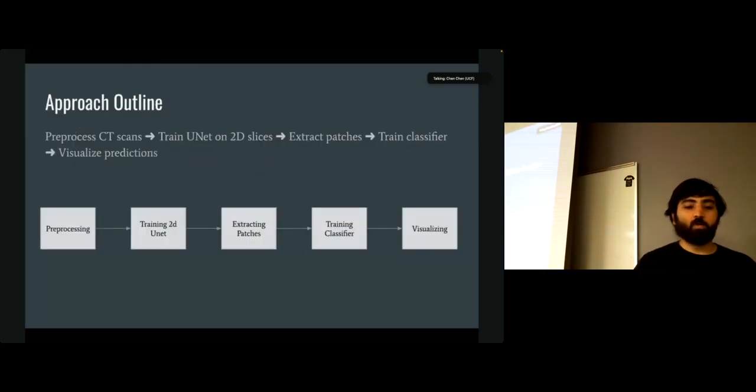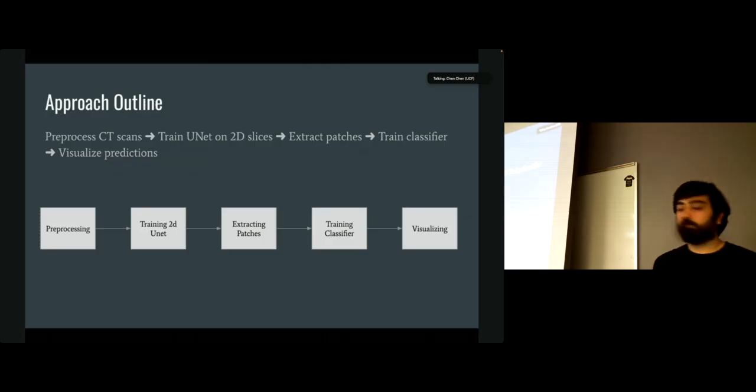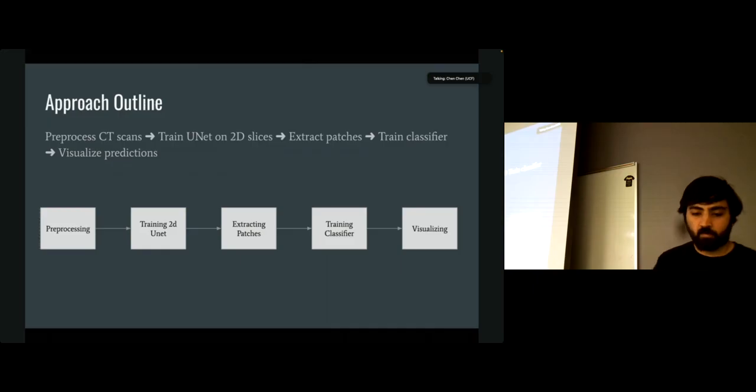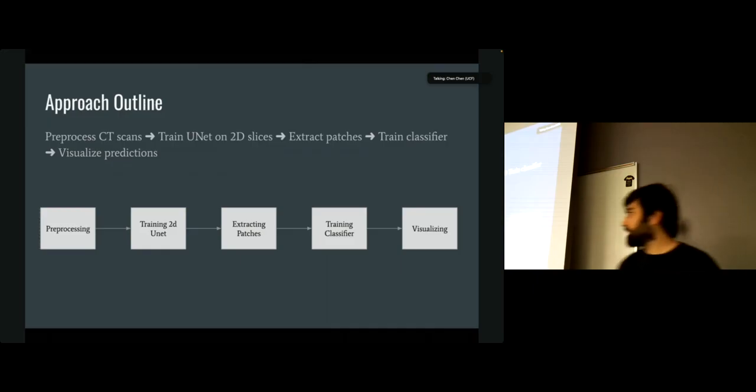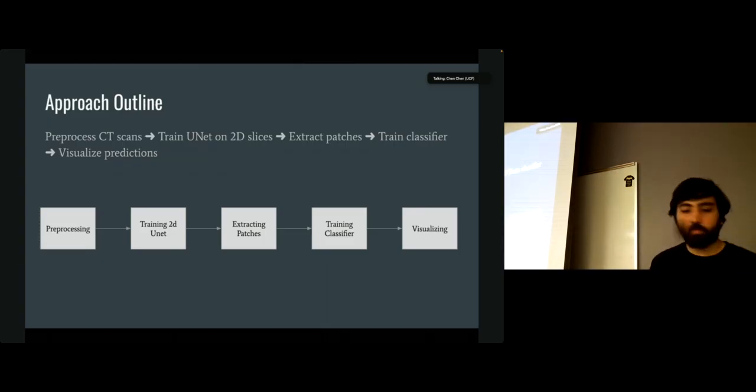So our approach outline is basically I pre-process the data to get 2D axial slices and the corresponding 2D segmentation mask, as well as the rating for each nodule, whether it's cancerous or not. And then I use the segmentation masks and the 2D slices to train the 2D UNet.